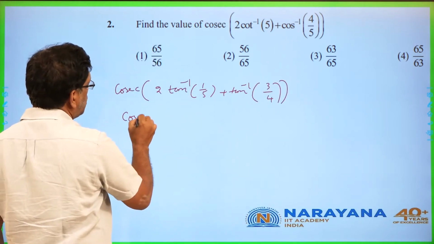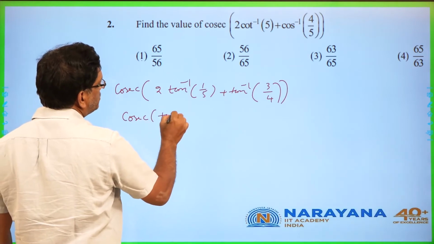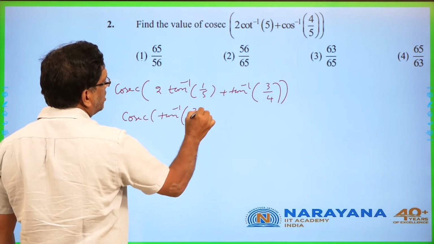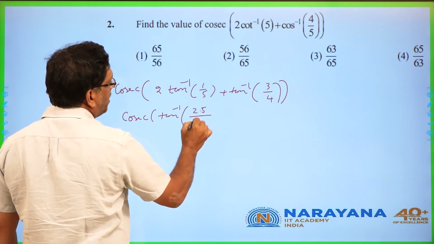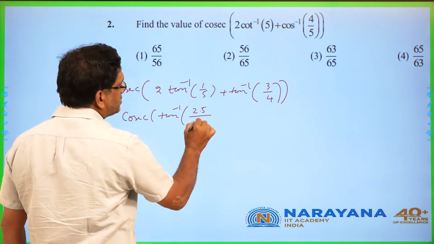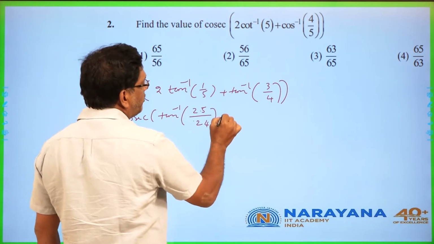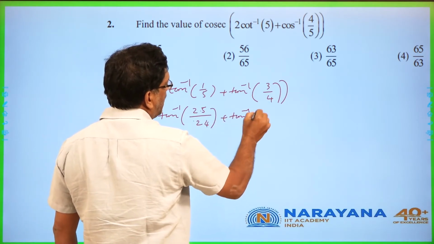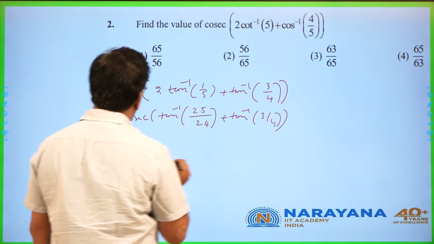And we know that 2 tan inverse x is equal to tan inverse 2x by 1 minus x square, that is 24 plus tan inverse 3 by 4.